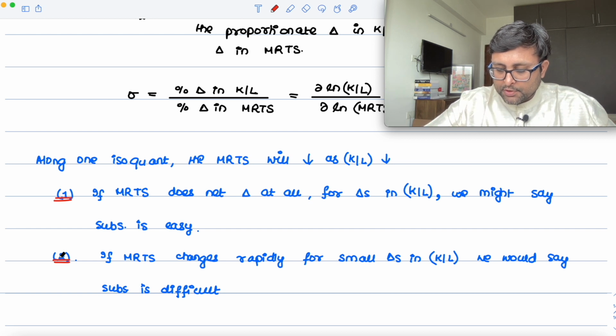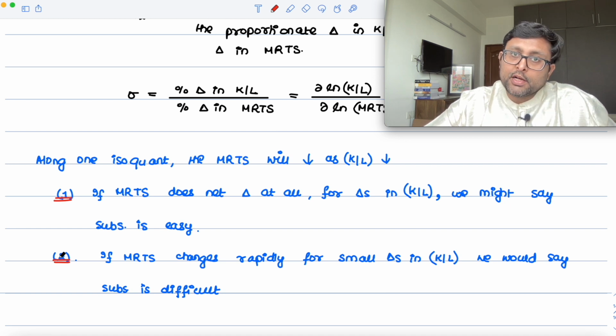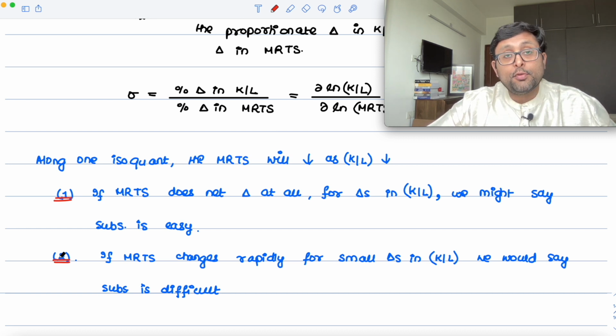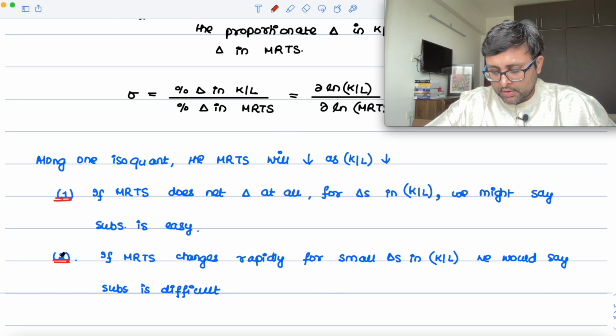A very small minor variation in the input productivities will bring about a huge change in MRTS. This happens in the case of a perfect complement kind of production function, right?